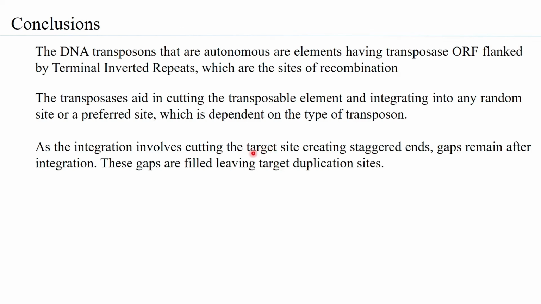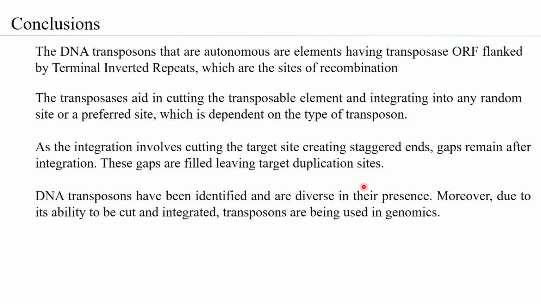As the integration involves cutting the target site and creating staggered ends, gaps remain after integration and these gaps are filled up to form what are called target site duplications, which are therefore hallmarks of the DNA transposon system.